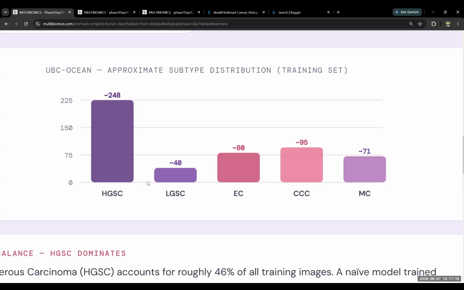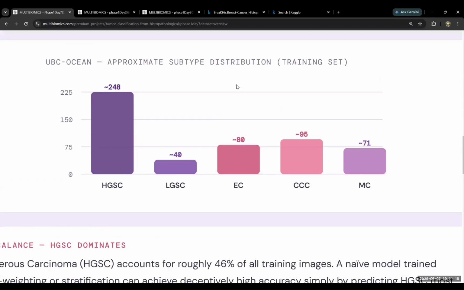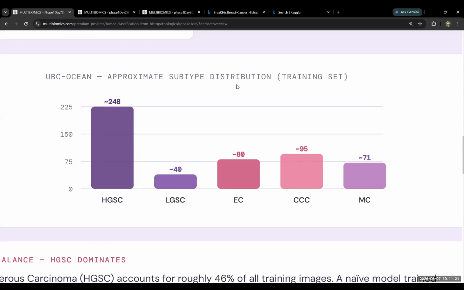So there will be a chance of misclassification. We can say that some labels are overrepresented and some labels are underrepresented. What are labels? Labels are nothing but the names of each class.